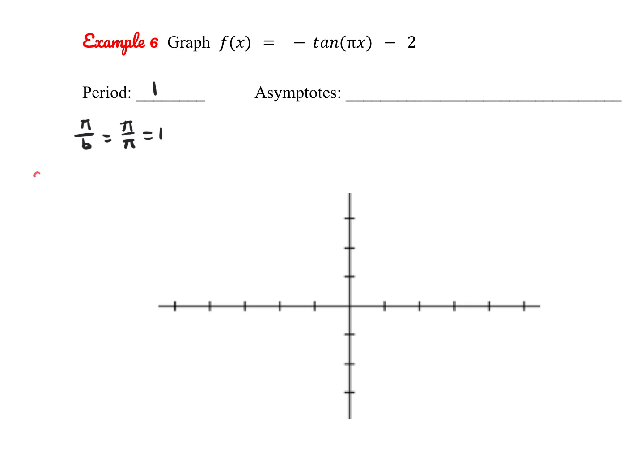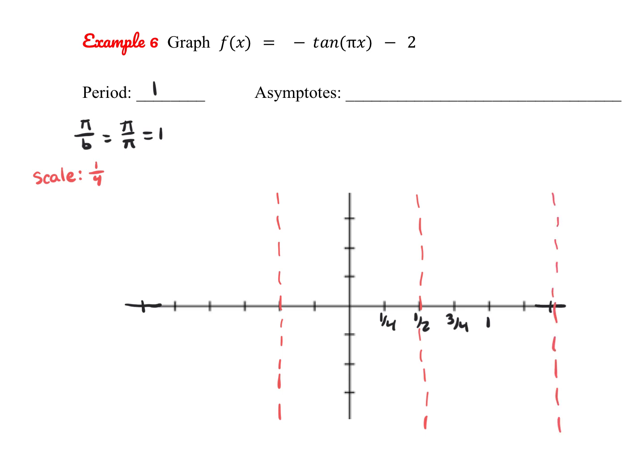So for my scale, I take the period, which is 1, and I divide it by 4. So I'm scaling it by 1/4. And then I go half a period to the right, 1/2, or 2 tick marks, and half a period to the left. That allows me to center it around the y-axis. And then I'll go 4 more tick marks, which is 1 more period.